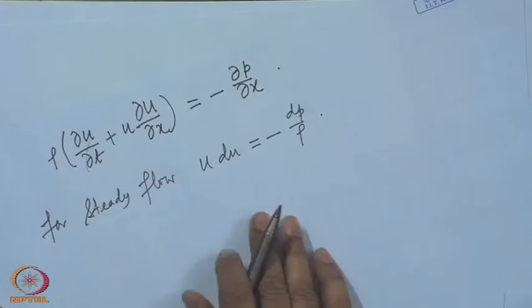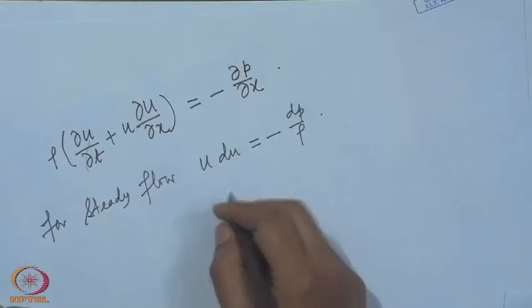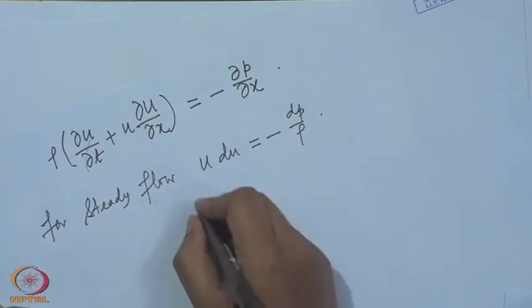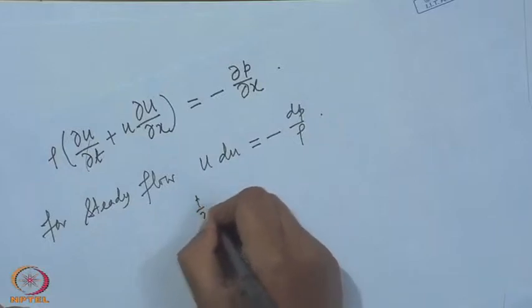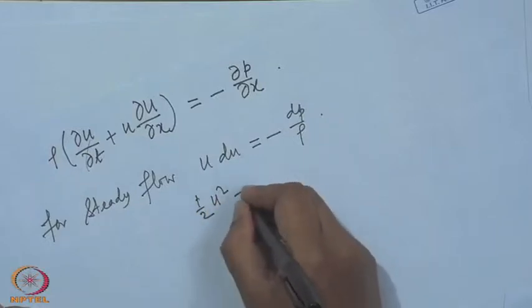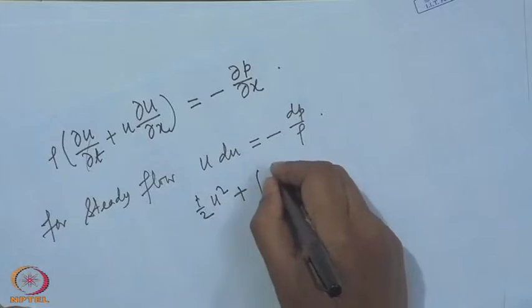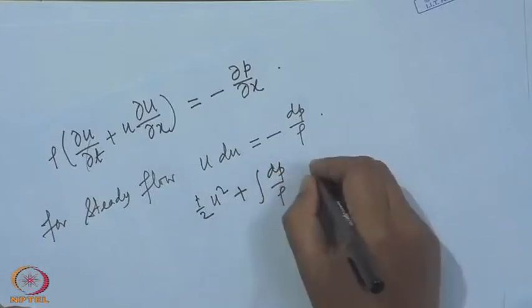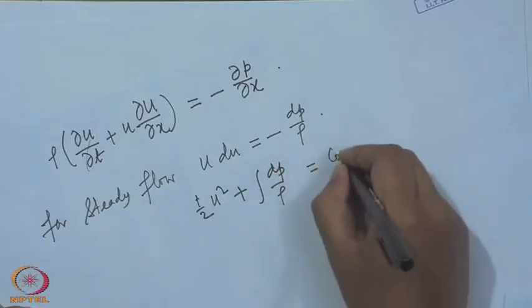This equation can be integrated to the form half u square plus integral dp by rho equal to constant.